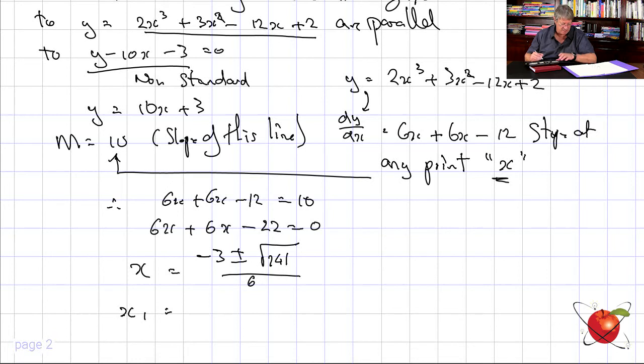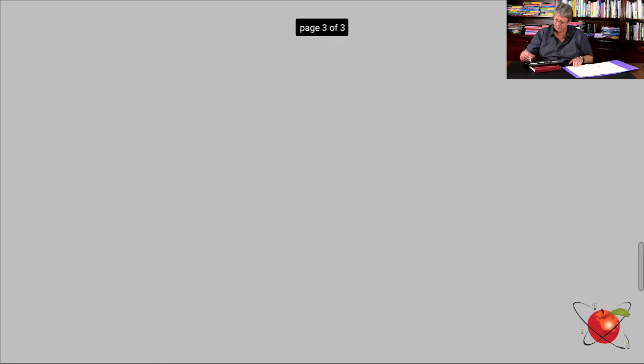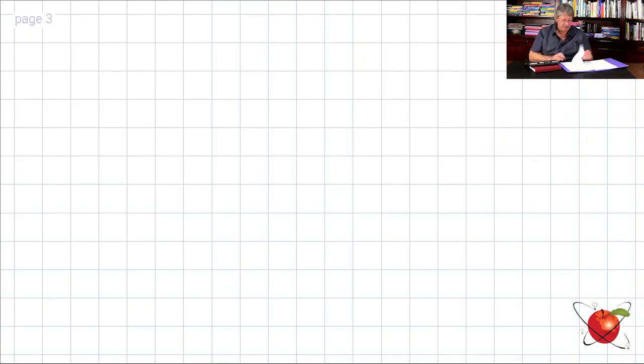Then x1 is going to be 1.479. The other root is minus 2.48. That's actually the answer, is it not?